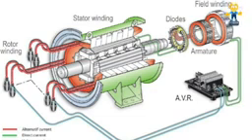Once the flux is produced inside the field winding of the exciter stator, the revolving armature of the exciter will cut the magnetic lines of force, and it will produce three-phase AC power.